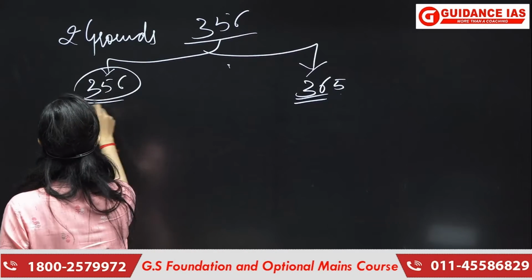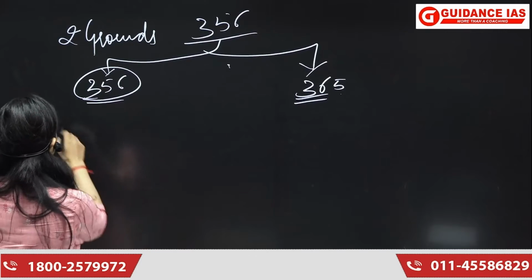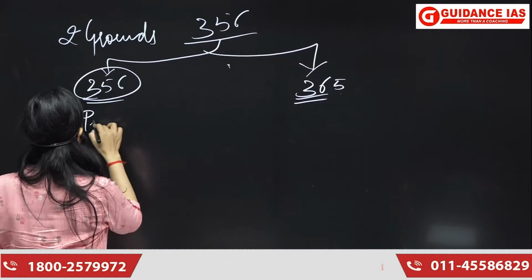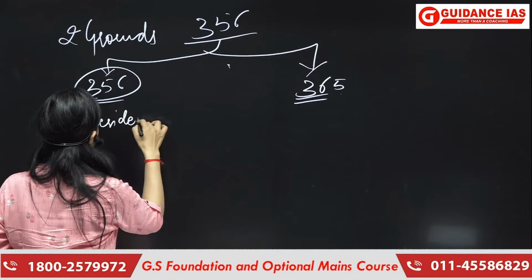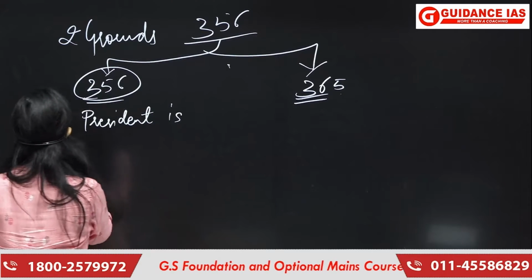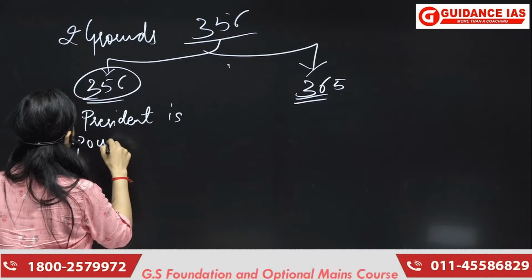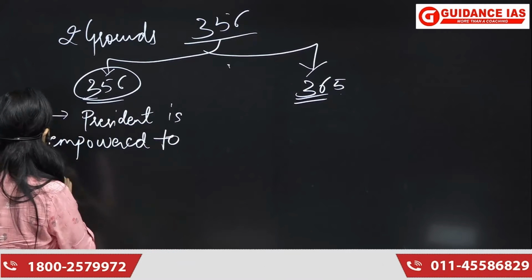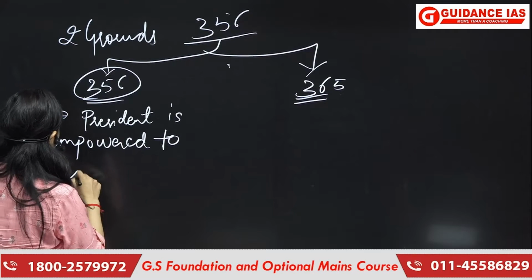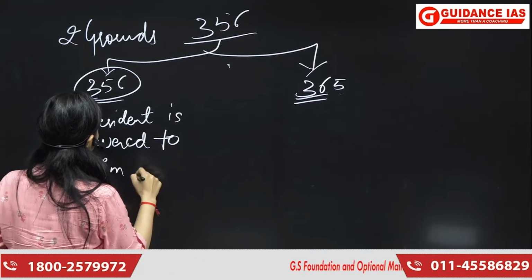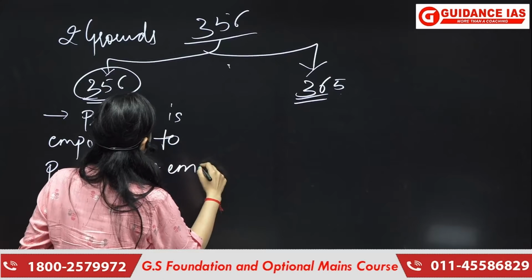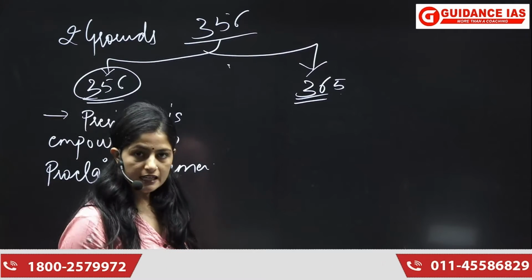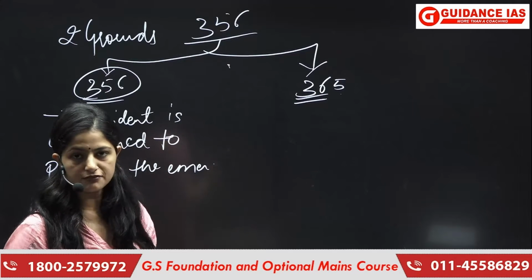Article 356 says that the President of our country is empowered to proclaim the emergency, or this president's rule, only if he is satisfied.